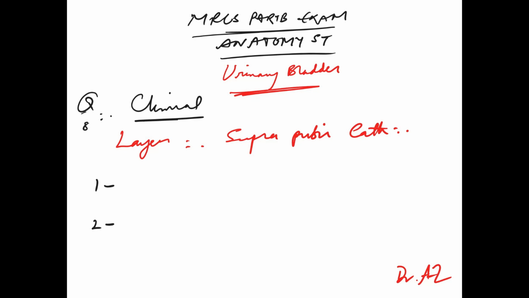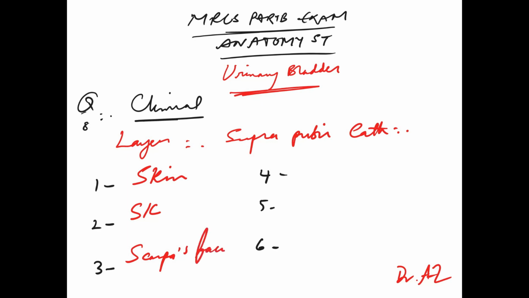The first structure is skin. Number 2, as usual, is the subcutaneous tissue. Number 3 is the Scarpa's fascia. Number 4 is going to be the linea alba.